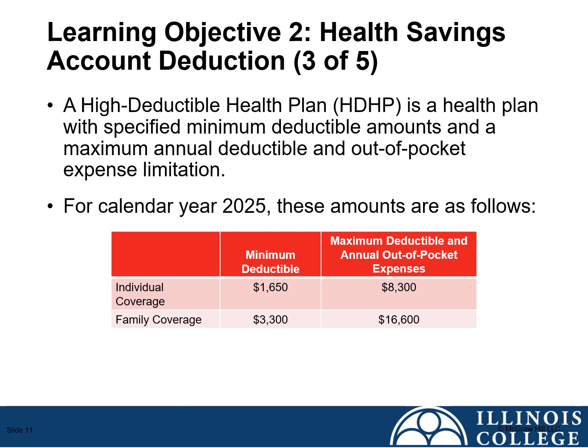And these amounts can change slightly each year. They're often indexed for inflation, but the key idea is that the plan must require the taxpayer to pay a higher deductible before their insurance coverage kicks in. So not every health insurance plan qualifies. It must meet those specific IRS thresholds.